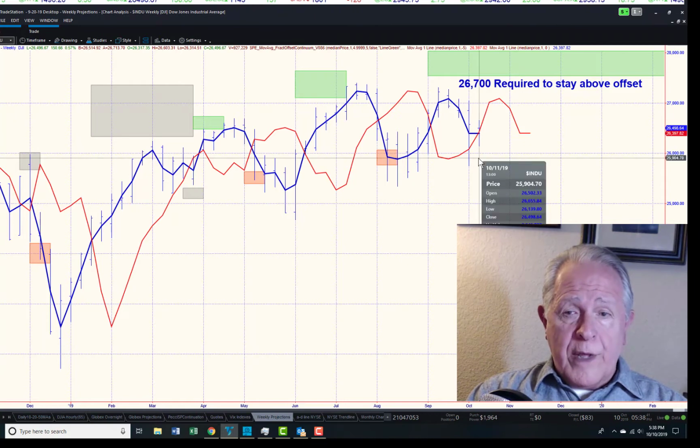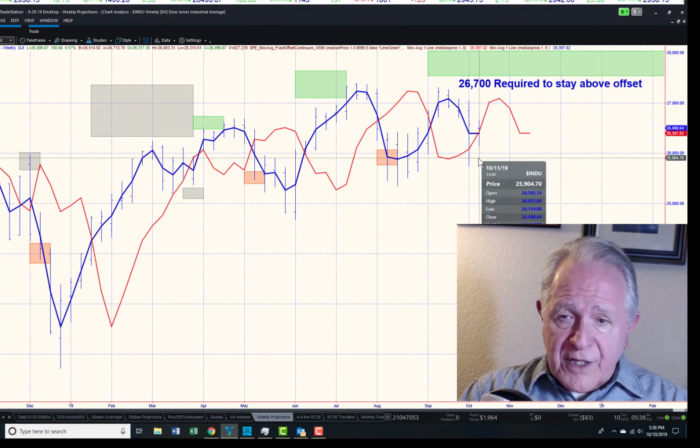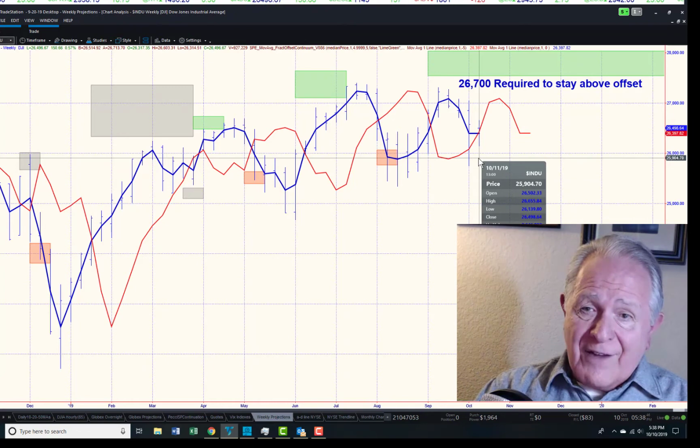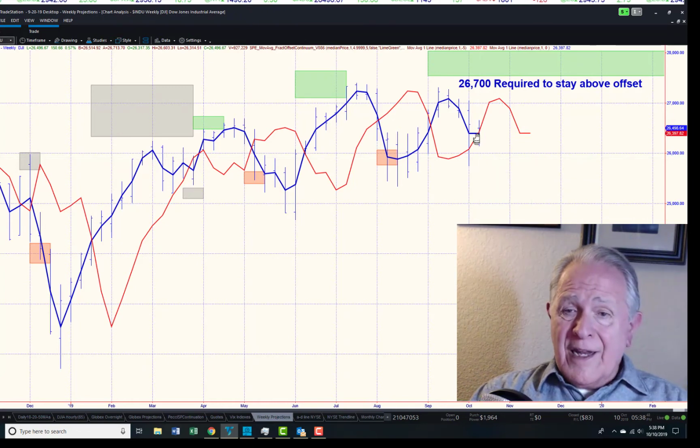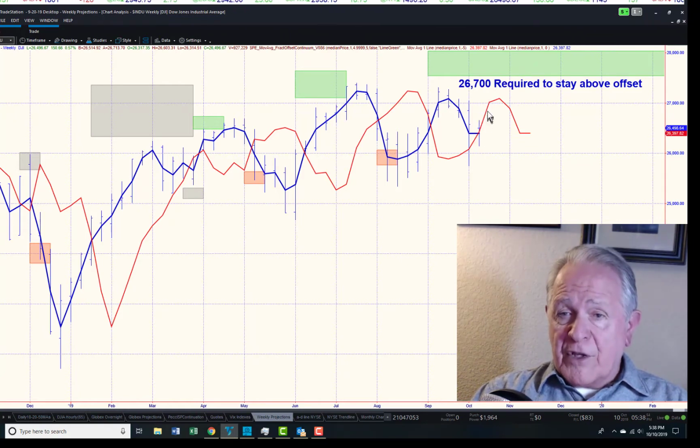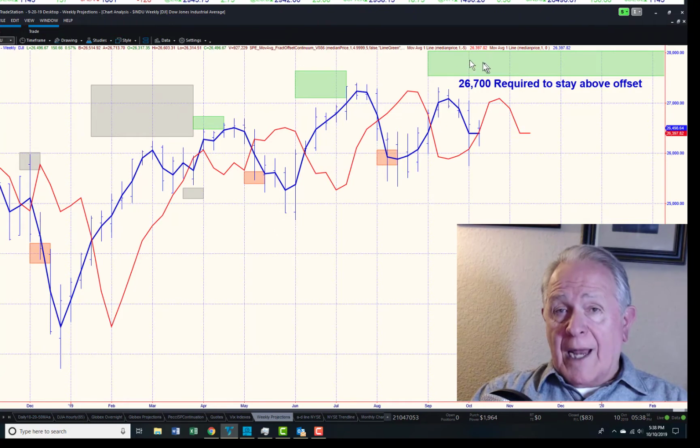The high for the week on the Dow is 26,655.84. So all you need is a nice rally to get a little above that high for the week, and you would remain above this offset line, and the upside projection would remain in effect.